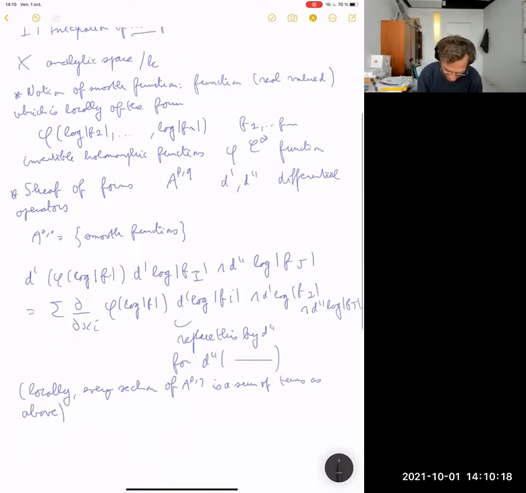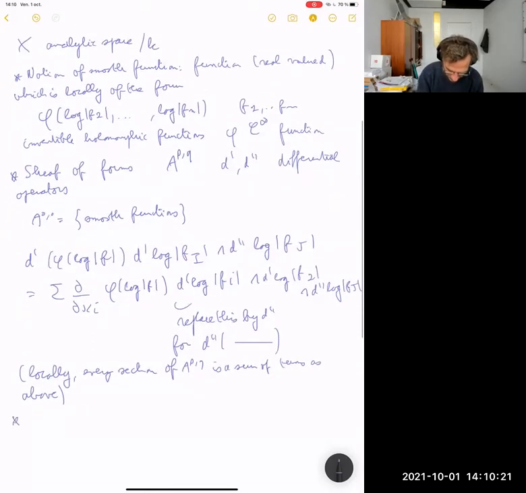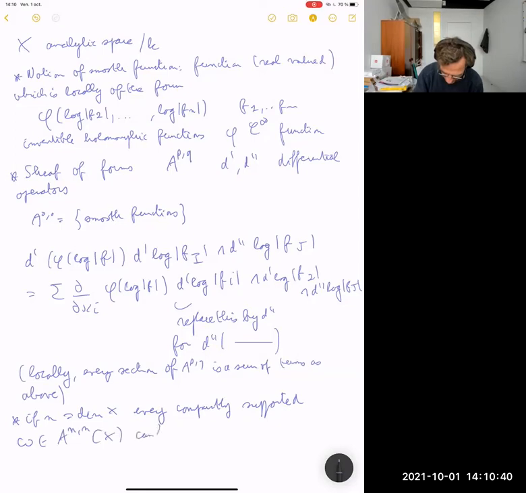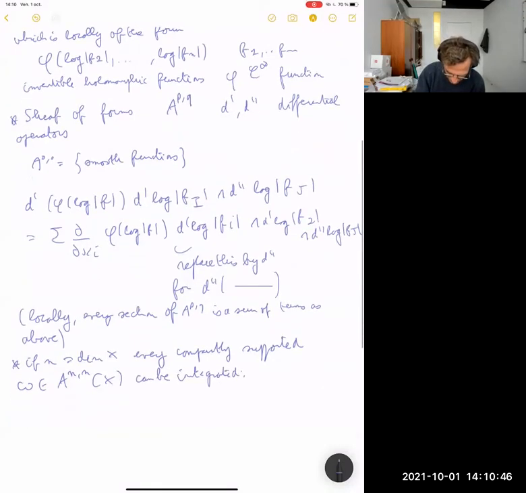Okay, and we have a theory of integration. So if p = q = n = dim X, every compactly supported form omega belonging to A^{n,n}(X) can be integrated. So this is a well-defined real number.